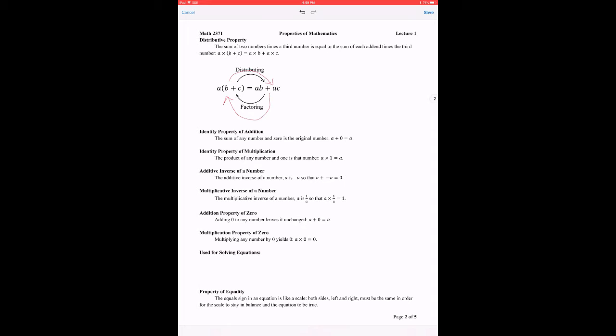This is one of the most used and misused properties of mathematics. Most people forget to distribute, and what they do is multiply the A times just the first letter. And that would be saying that the first person in the alphabet gets 5 points, but not everybody else.